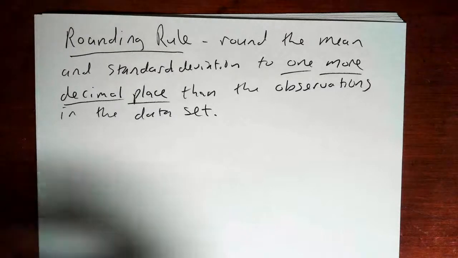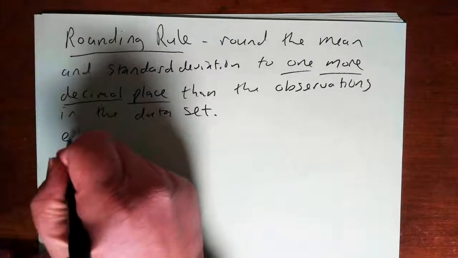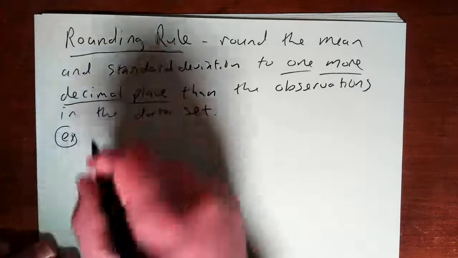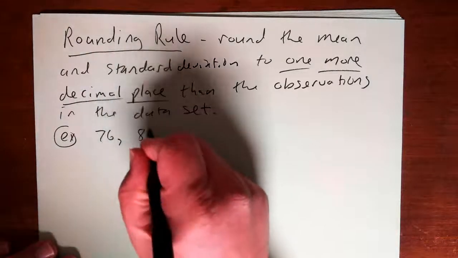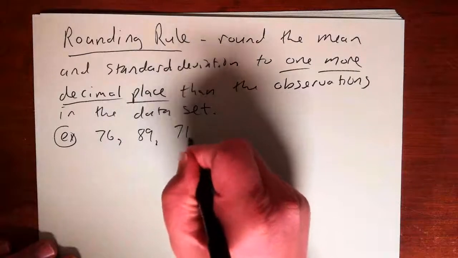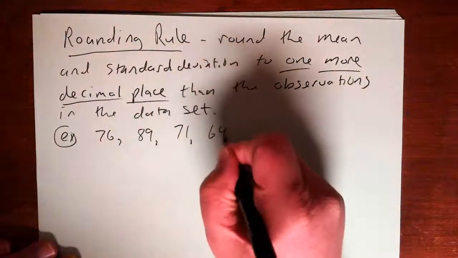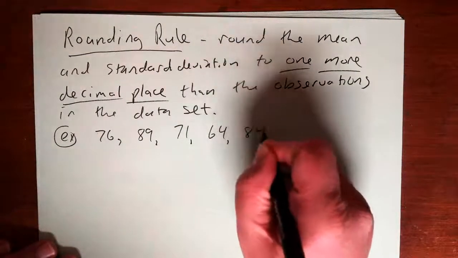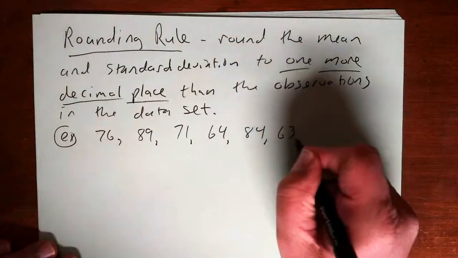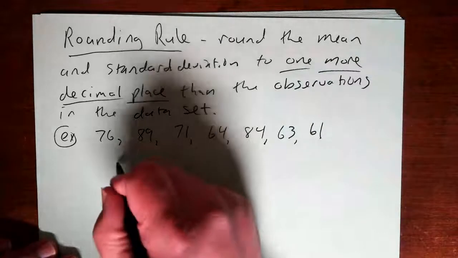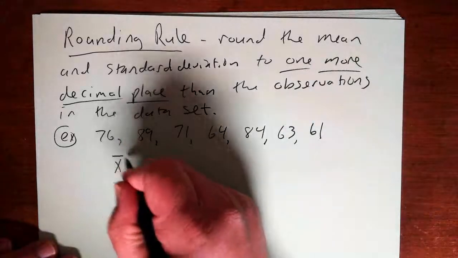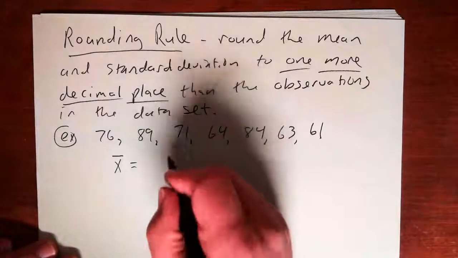So let me just give you a couple examples to show you what this means. The first example here, let's say we've got some scores: 76, 89, 71, 64, 84, 63, and 61. And we're going to calculate the mean. I'll use that X bar symbol here.